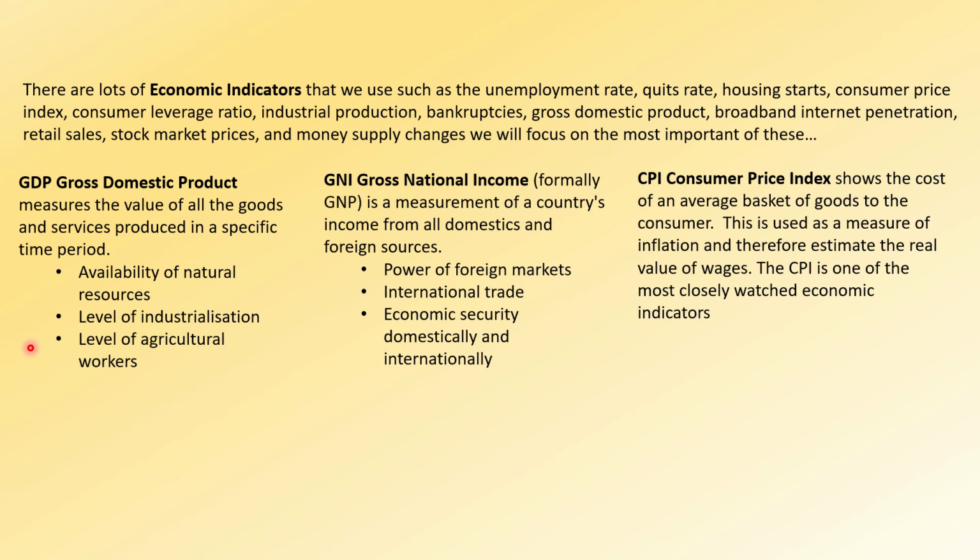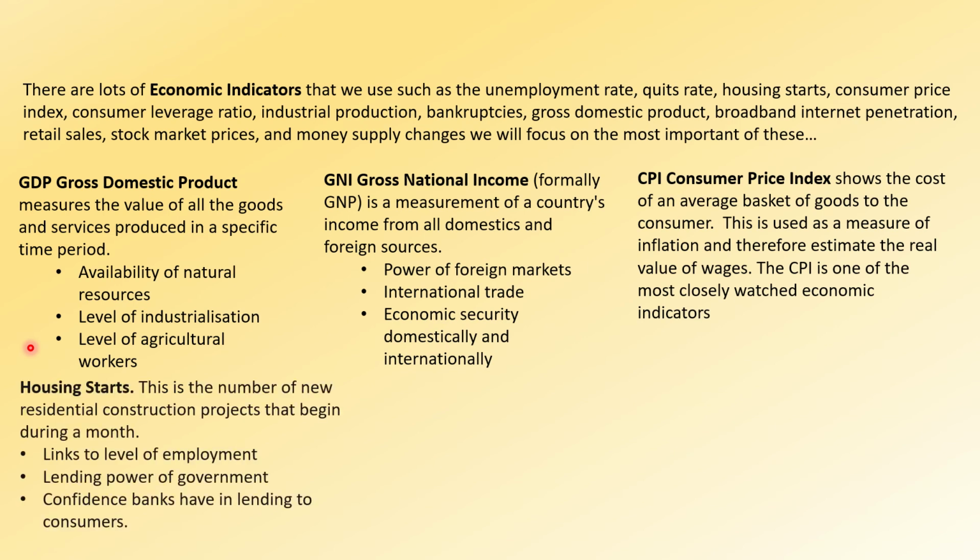And if they are, that's fine. If they're not, so if the prices of things in the shops are going up too quickly, then that's called inflation. The CPI is a really important way of understanding the economic security of a country, and people will use it to decide whether to invest in our economy.